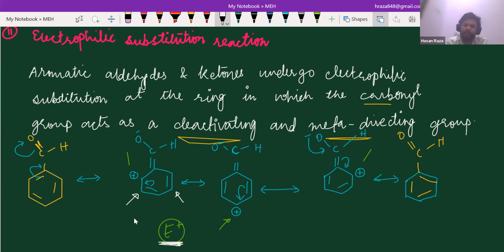And if it attacks on the ortho, para, or ortho position, that is already electron deficient, so they cannot satisfy each other. That's why it will attack on meta, and that's why this CHO aldehyde group acts as a deactivating and meta directing group, because the electrophile will now attack only on meta. There will be no attack on para or ortho, because para and ortho are already electron deficient. Got it?